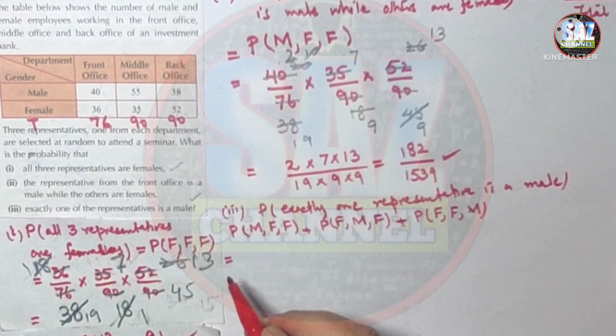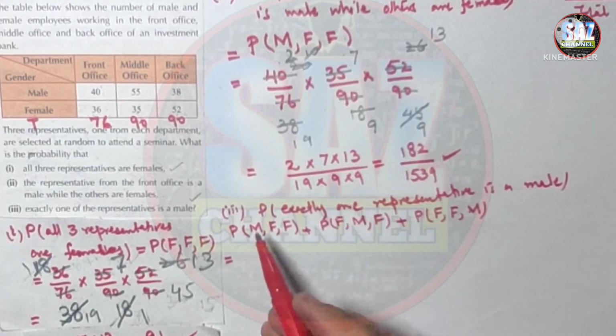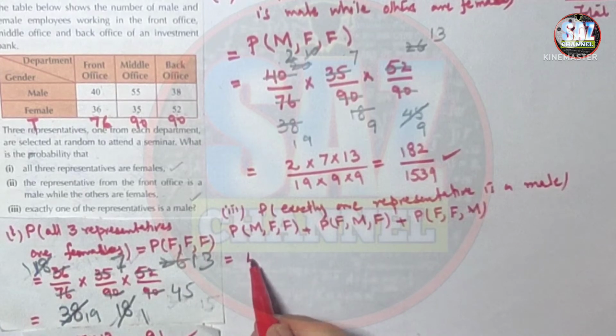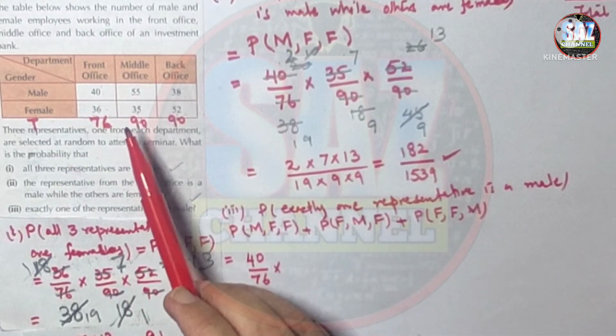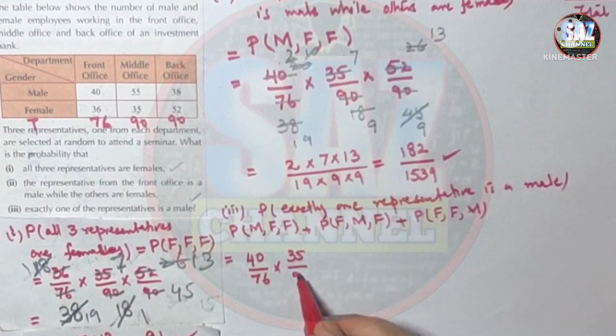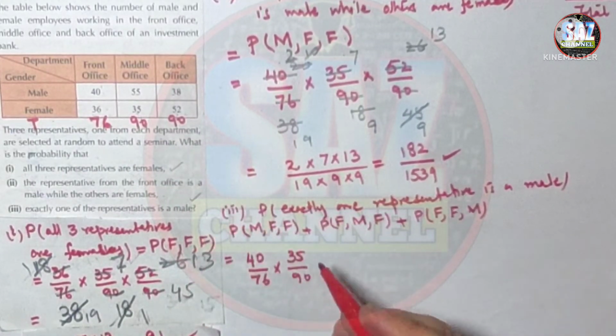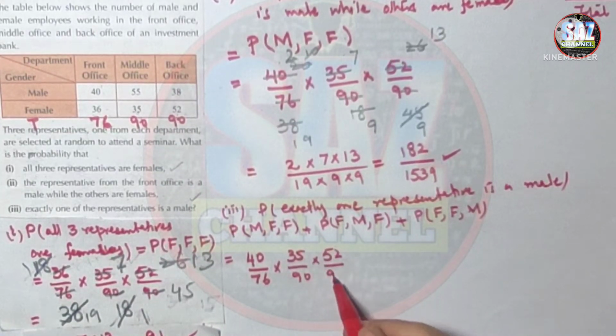Now we have to write down the choices. If I'm picking up male from the front office, then how many chances? 40 by 76. Female from the middle office, that is 35 by 90. And female from the last office multiplied by 52 by 90.